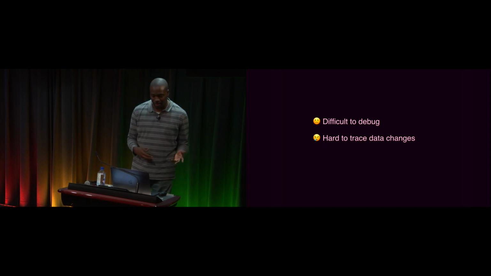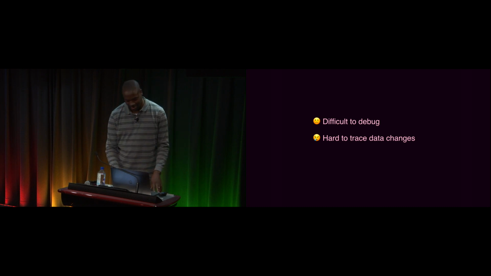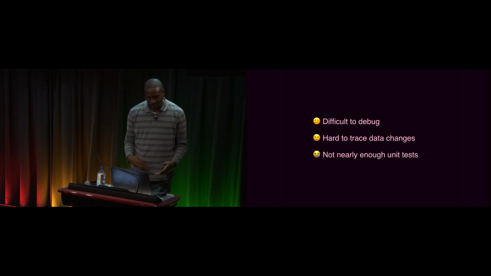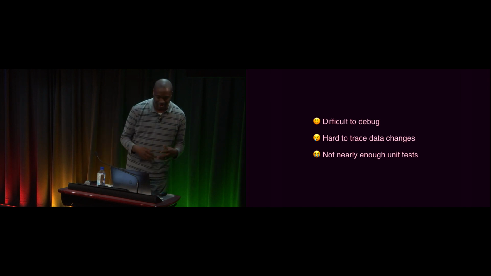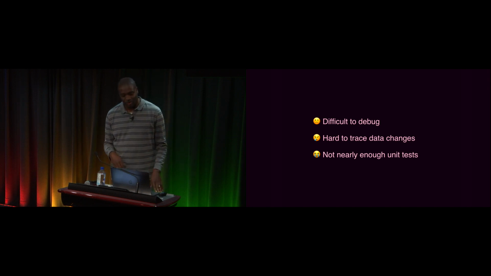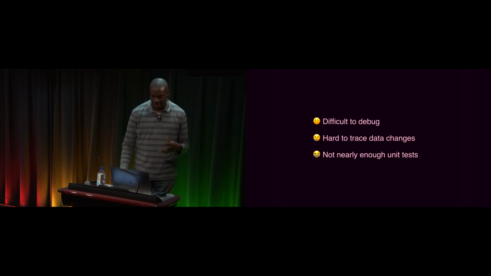Where data came from and how it got changed was a mystery, and bringing in a new developer, oh, it's good times. And of course, there weren't nearly enough unit tests because it's a big app, we're new to it, and we're too busy cranking out code. So the code base became brittle and hard to change.